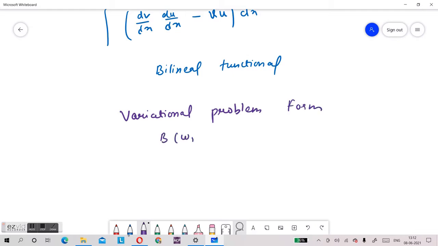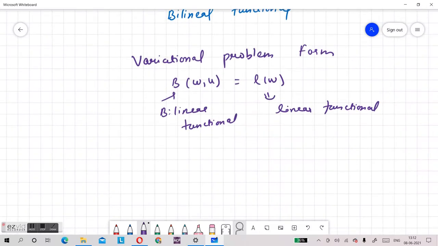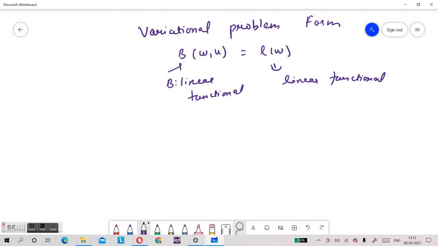Here this is a bilinear functional and this is a linear functional. All these terms you will understand when we solve a problem. So let's just take an example of the Rayleigh-Ritz method and you will get an idea about all these things and your doubts will be cleared.